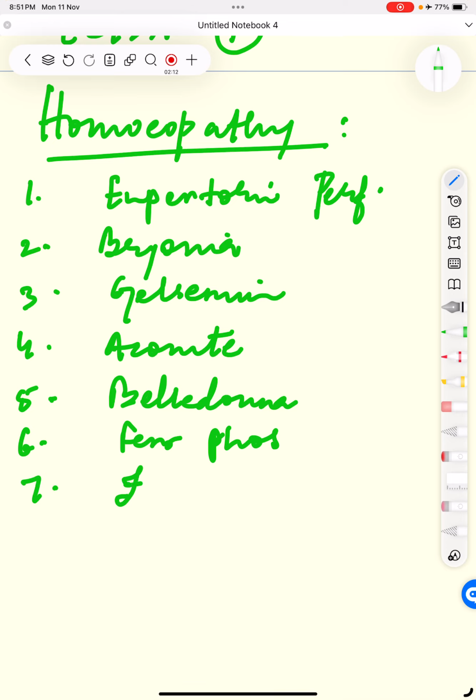And then you can think of ipecac. Again, the prescription will be decided on the basis of the totality of the case, the individual presentation of the case. And I hope that with these details, you will be able to manage the case of dengue.